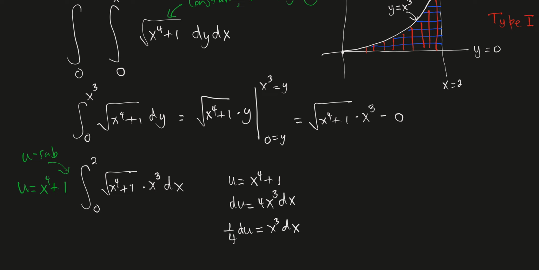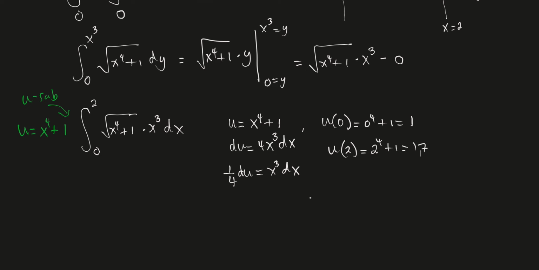Again, also I love to change the limits of integration because conceptually it's a better way of thinking about a u sub. You're converting from one definite integral to another definite integral. So u of 0 is 0 to the fourth plus 1, that's 1. And then u of 2 is 2 to the fourth plus 1. 2 to the fourth, that's 16 plus 1, so that's 17.